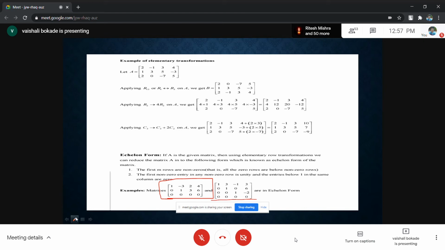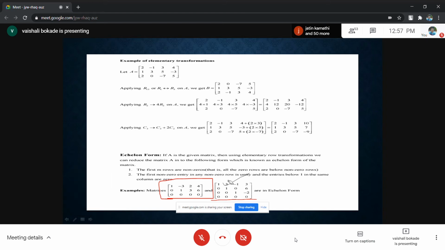Observe this second matrix here. Here also the bottom row is a zero row, and there are 3 non-zero rows. So while converting a given matrix to echelon form, I definitely have to use row transformations, and if I have any zero row, I'll transfer that zero row to the bottom.